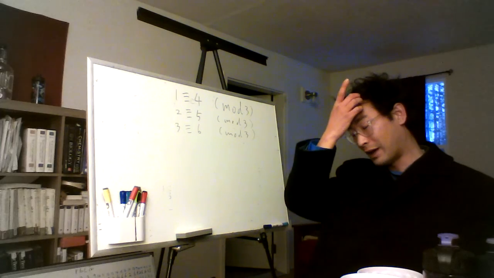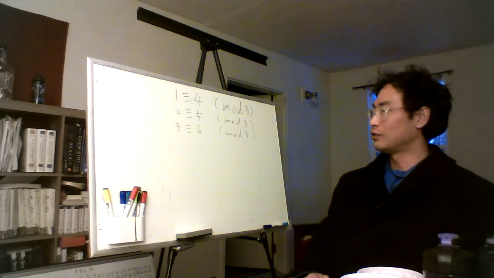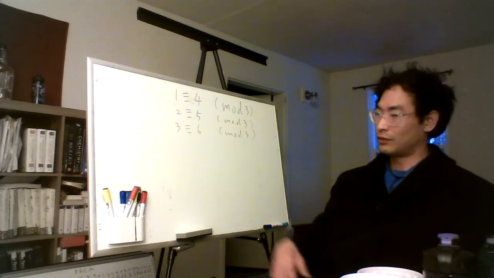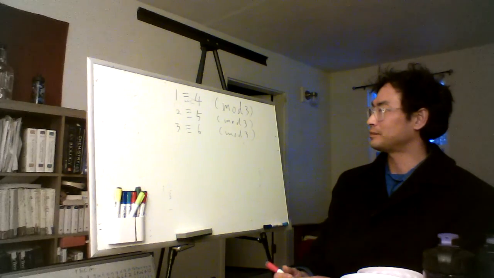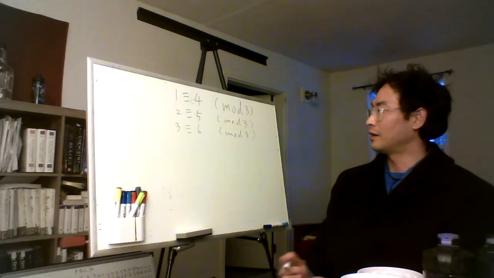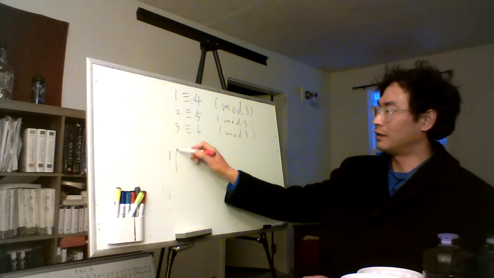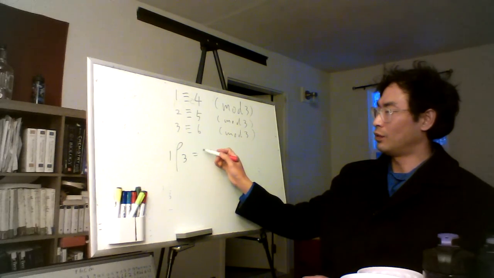In computer programming languages, you have this percentage symbol to denote the remainder, right? So we'll go like this. If you divide 1 by 3, what's the remainder? 1.